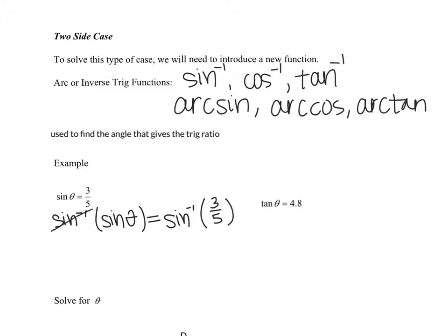Sine inverse and sine cancel, and we're left with theta on one side. To take the sine inverse of 3/5, you use a calculator. It is a function on your calculator. You hit the button for 3/5, and we get roughly 36.87 degrees.